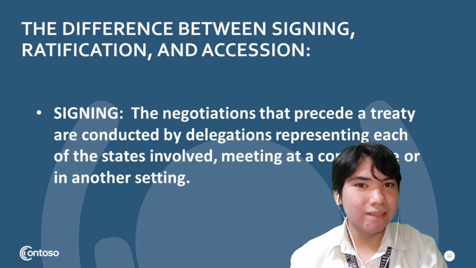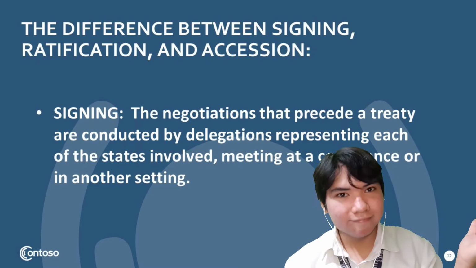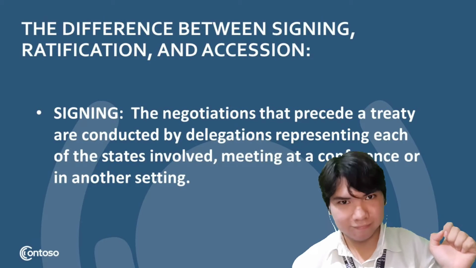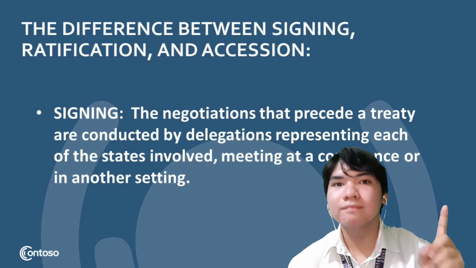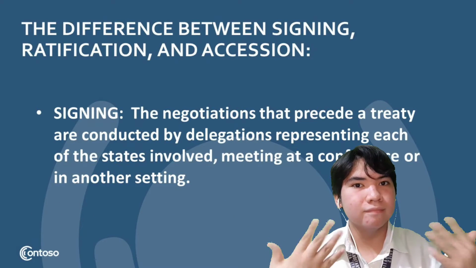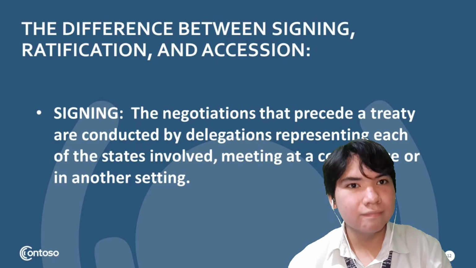The difference between signing, ratification, and accession is this. For signing, the negotiations that precede a treaty are conducted by delegations representing each of the states involved, meeting at a conference or in another setting.